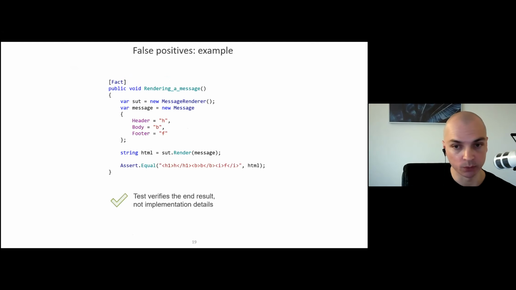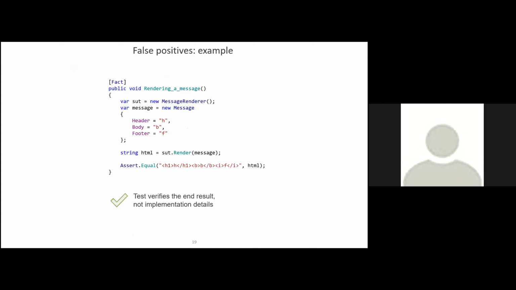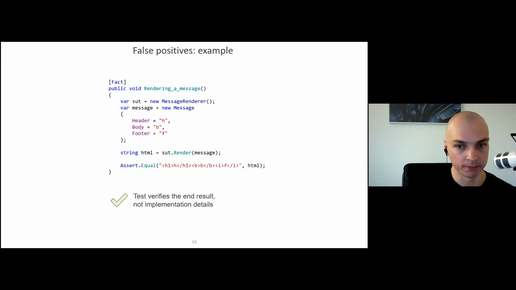So here's how the resulting test will look. Here we also instantiate a message renderer instance. We give it some message as an input, and then we check that the resulting HTML message is correct. And this test is not brittle because it verifies the end result, not implementation details. And if you think about it, the only thing that matters for the end user is how their documents are presented on the screen.